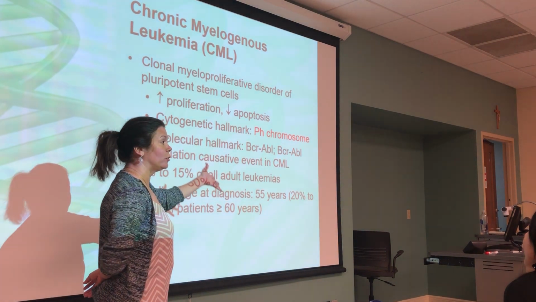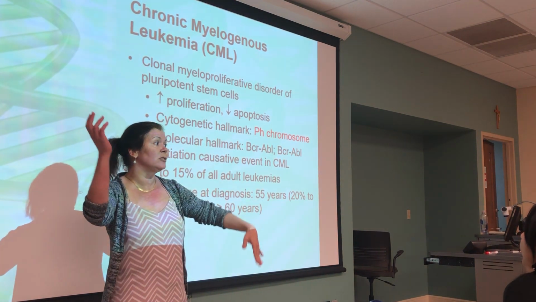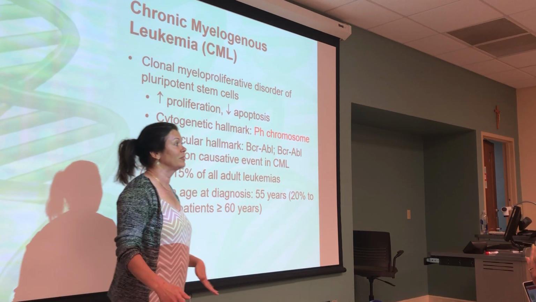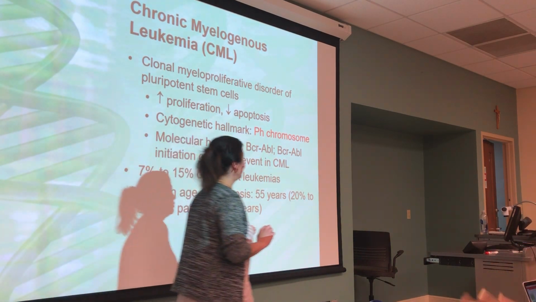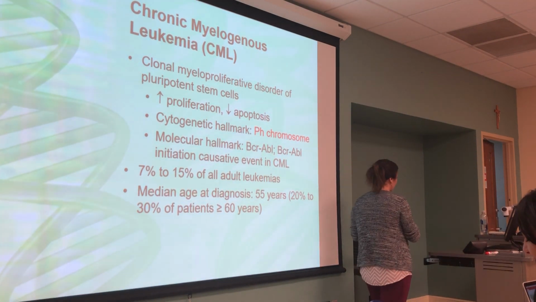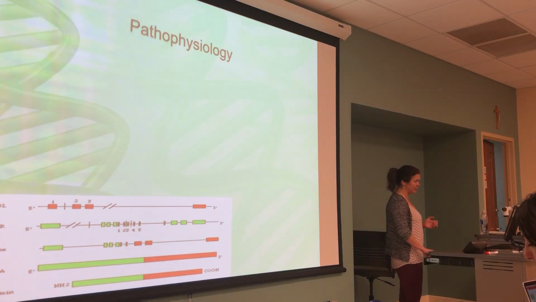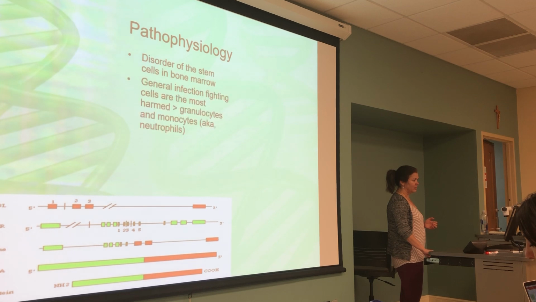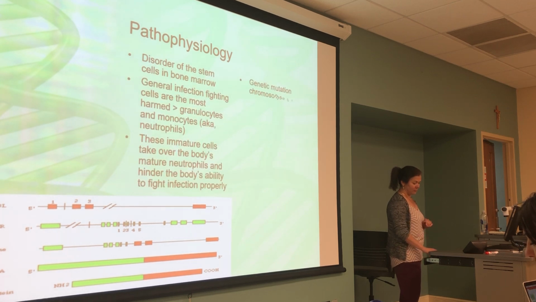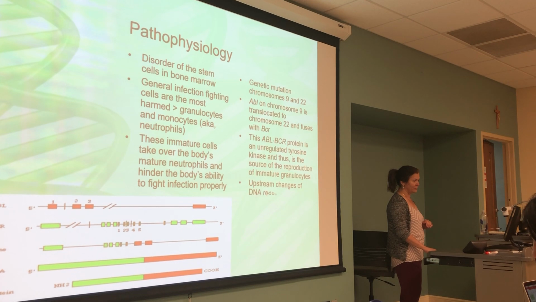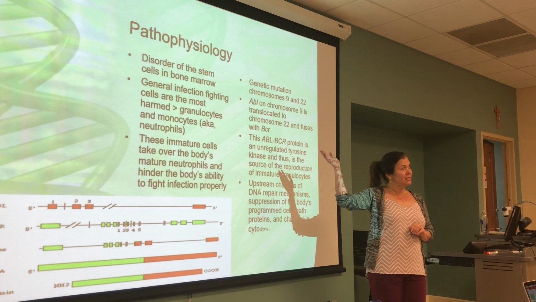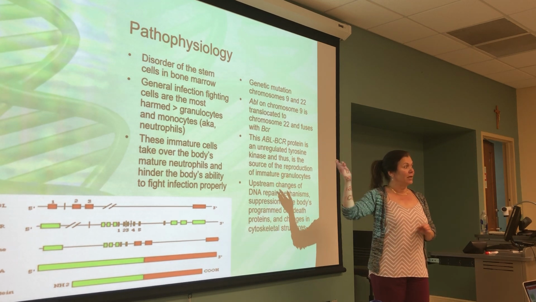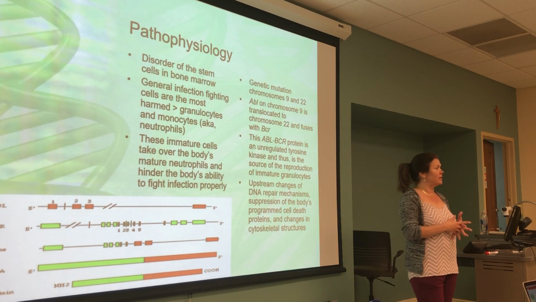So, yes, middle age, as I said, 50 to 70 years of age. This has a better prognosis than AML, and of course, a higher survival rate. In CML, what cellularity is affected?